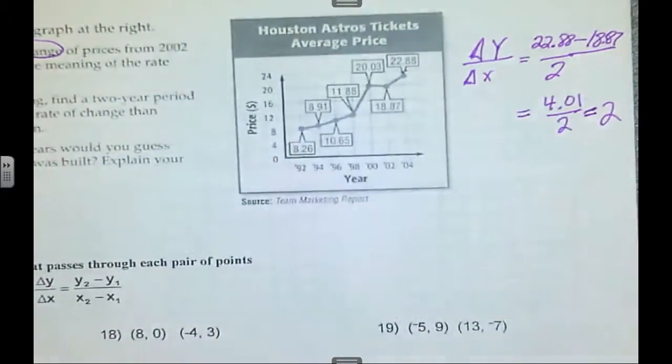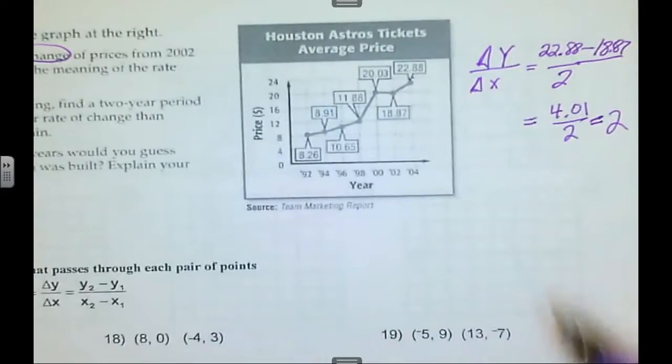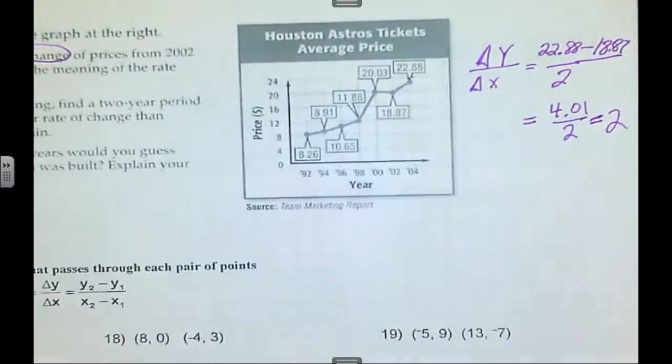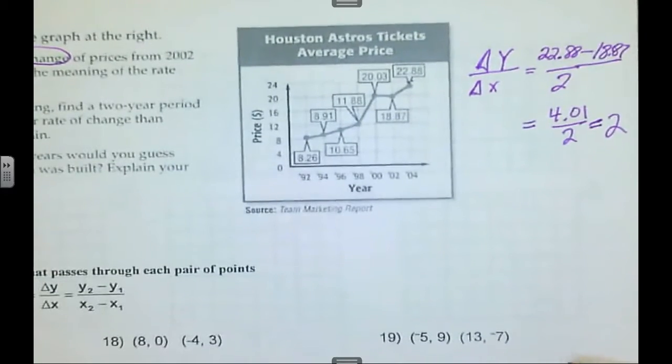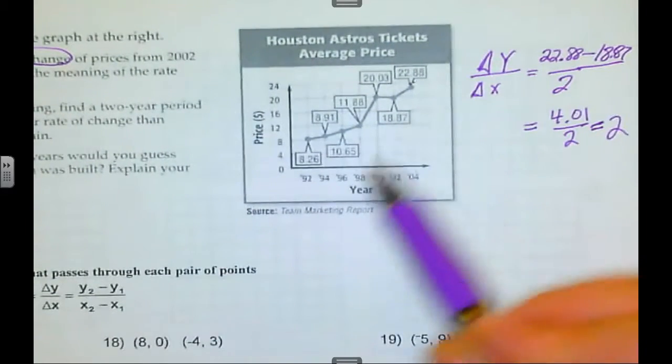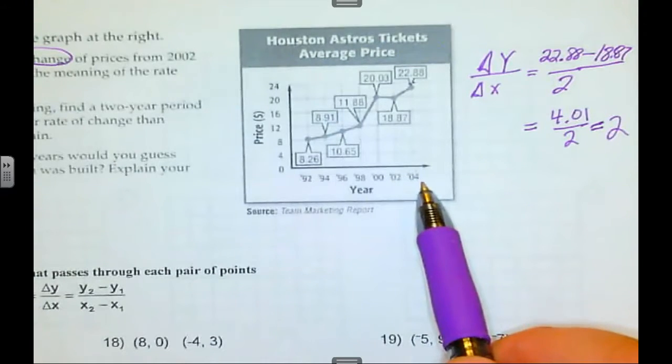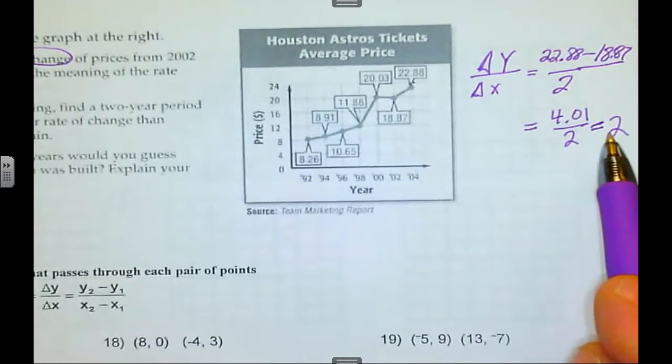Okay? Well, what does that 2 mean? Well, it means that the price between 2002 and 2004 rose about, what is it, $2?